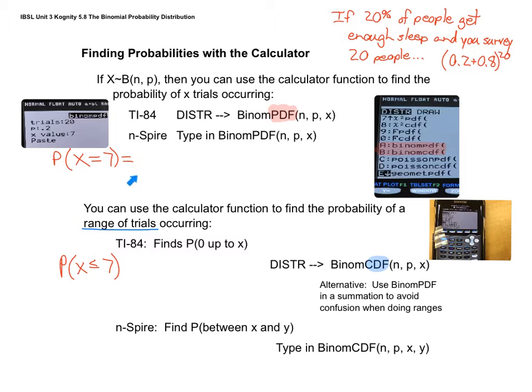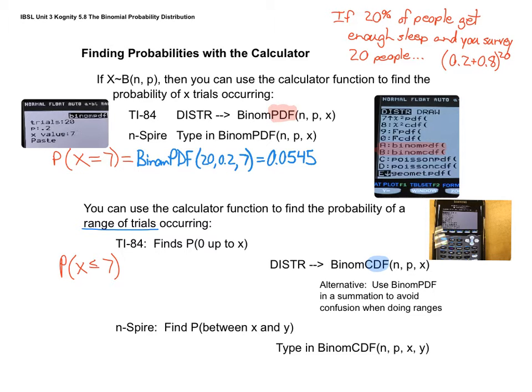When you do that, it ends up being binomial PDF of 20, 0.2, 7, and what do you get? 0.054, let's do 3 sig figs, 0.0545.